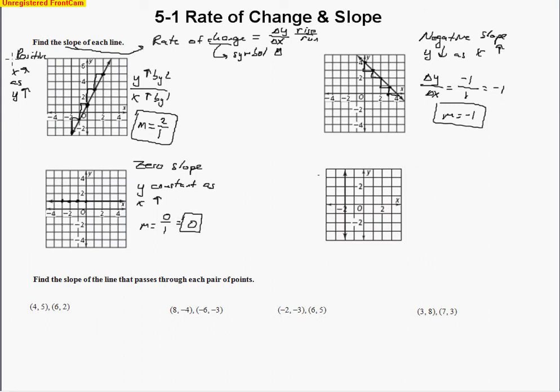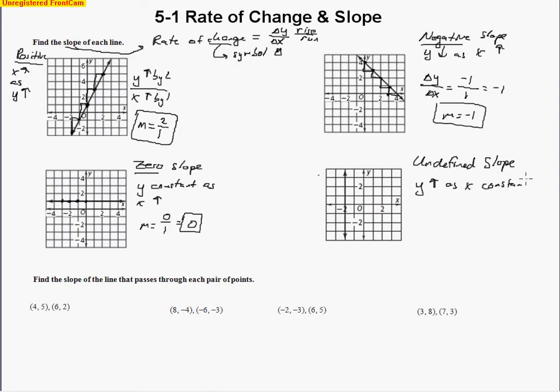So far we've seen a positive slope, a negative slope, and a 0 slope. This one is a vertical line. This is called undefined slope. Undefined slope is when the y values increase and the x values stay constant.